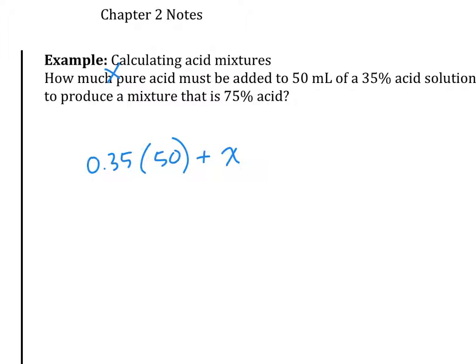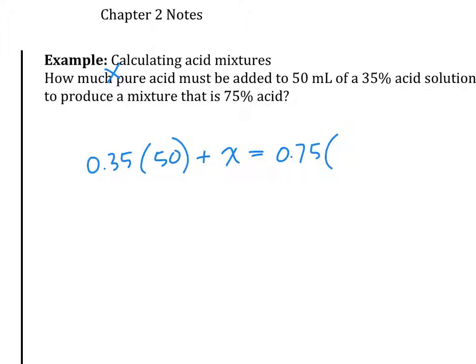X represents the amount. And then you're going to end up with something that is 75% of how much? How much quantity do you have? Not 100. You don't. So you have 50 to start with. You're going to add something, and then you end up with something that's 75%.